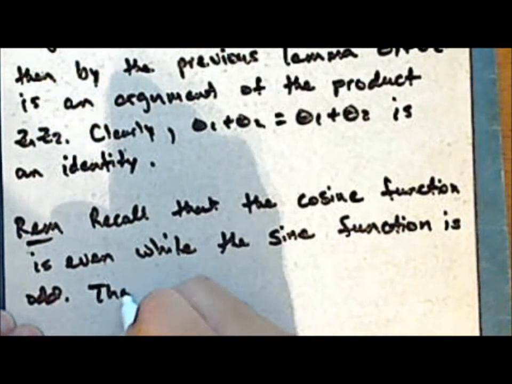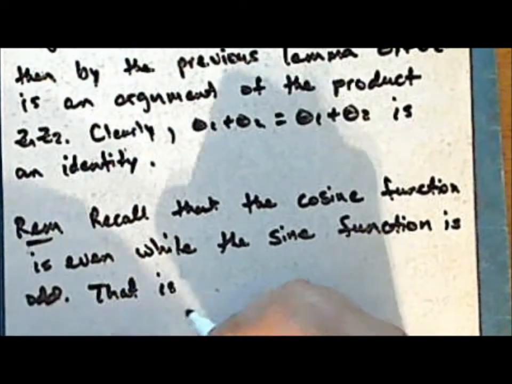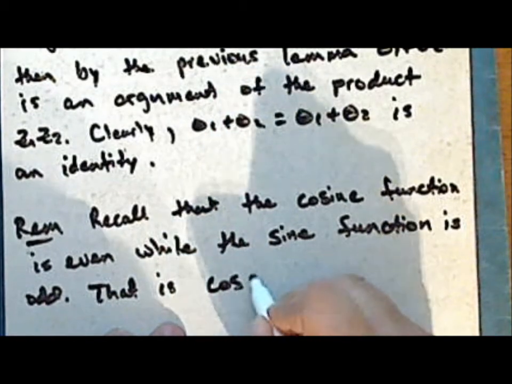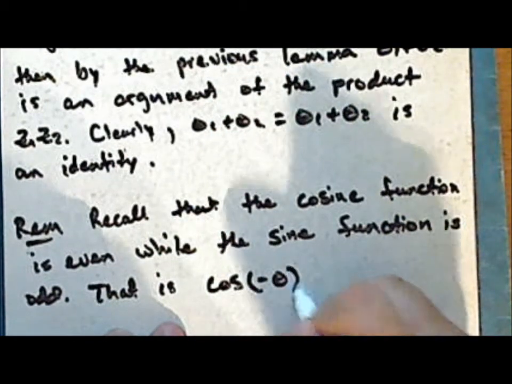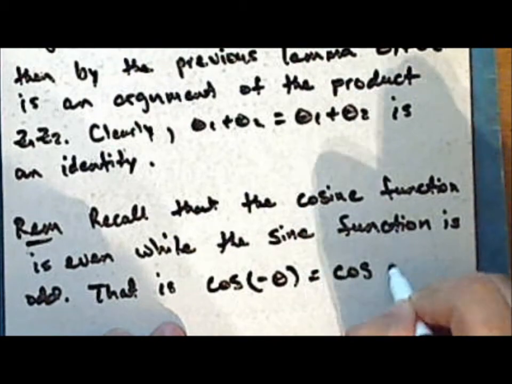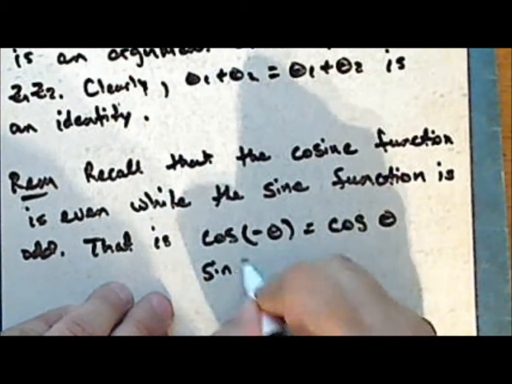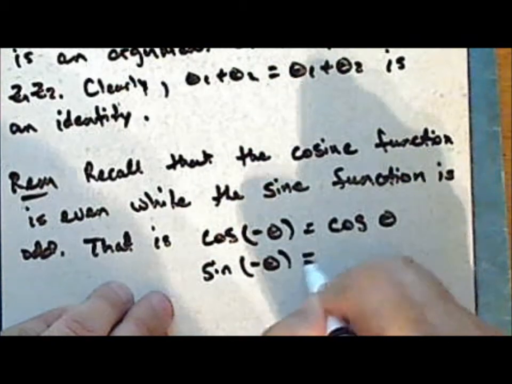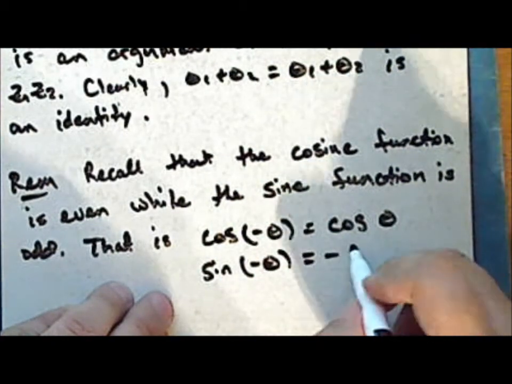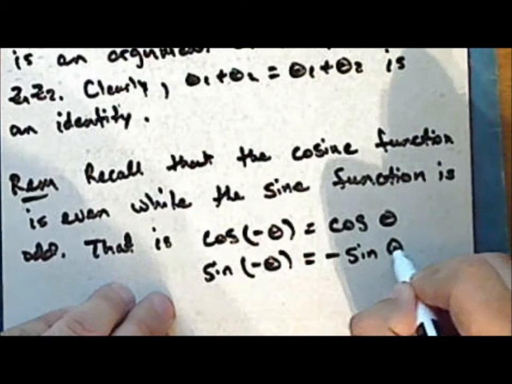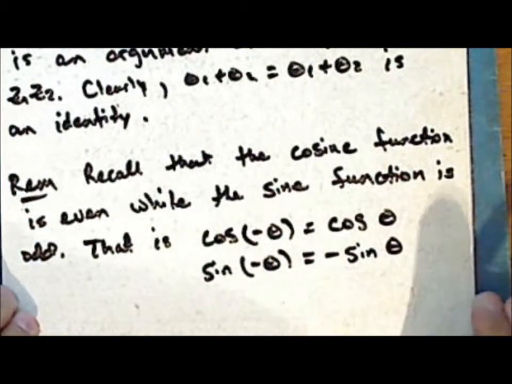That is, cosine of negative theta is the same as cosine of theta, and sine of negative theta is the negative of sine theta. All right.